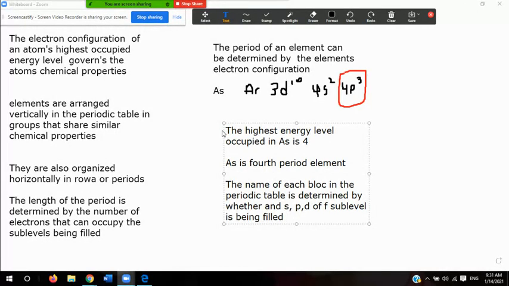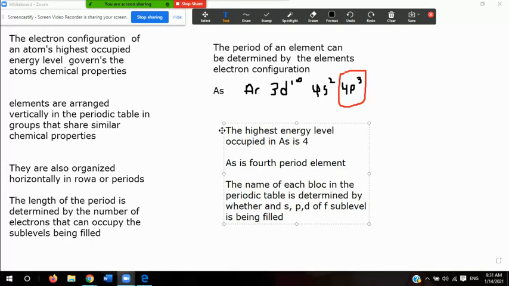Interestingly, they're at the bottom not just because they're man-made, but also because it helps organize them. Technically, they would fall into groups 3 through 12, but they're placed that way so that the periodic table looks a bit organized. But that's more of a side note. It's not really relevant to what we're discussing.